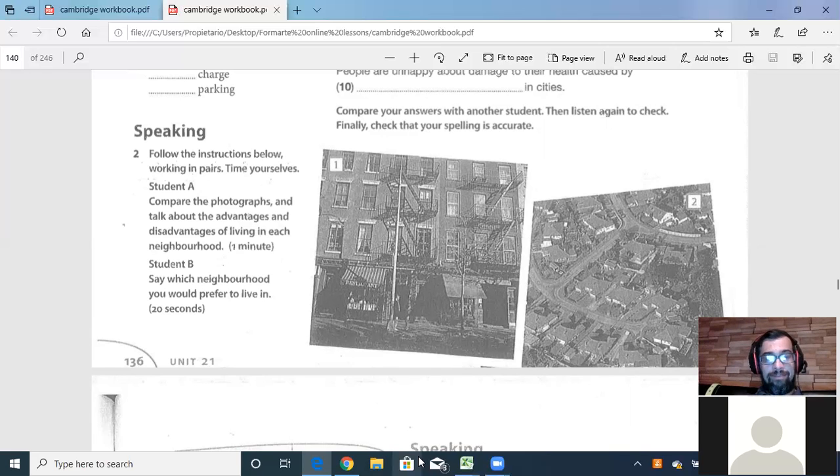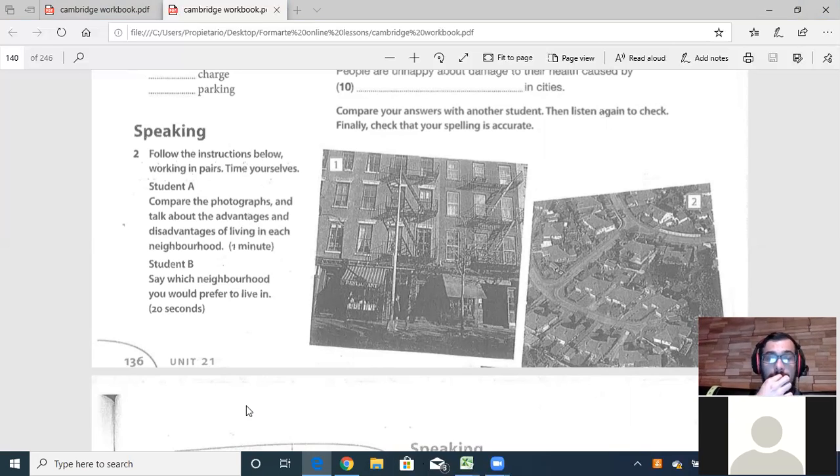Go ahead. Okay. In the picture number one, I see apartments, flats. There are a lot of flats in the building. And the second one, there's a neighborhood. In picture number one, the people live closer than in number two.